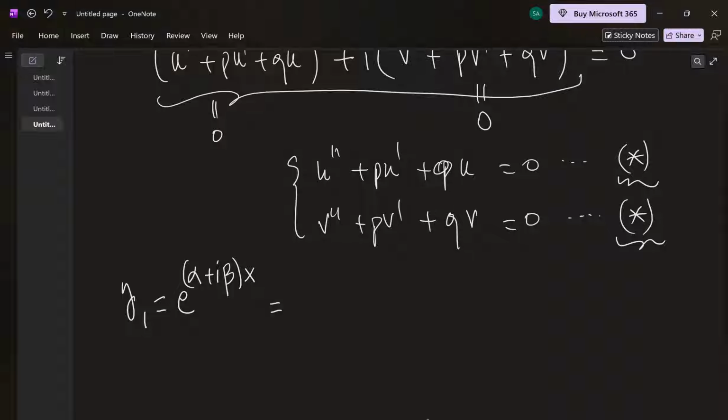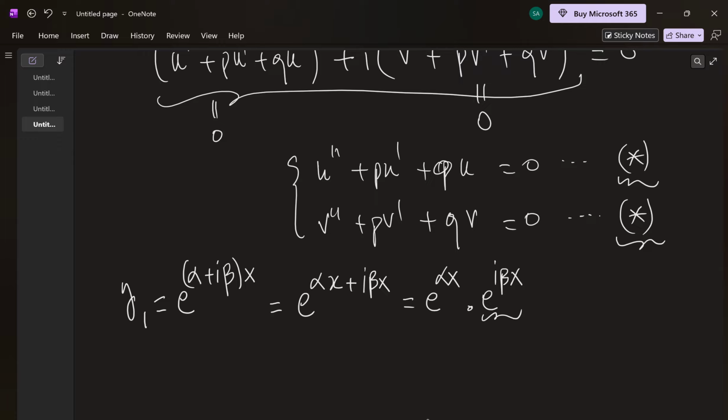So you will distribute, it will be something like this: exponential alpha x times exponential i beta x.